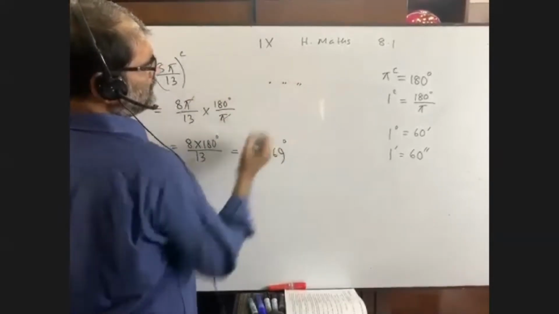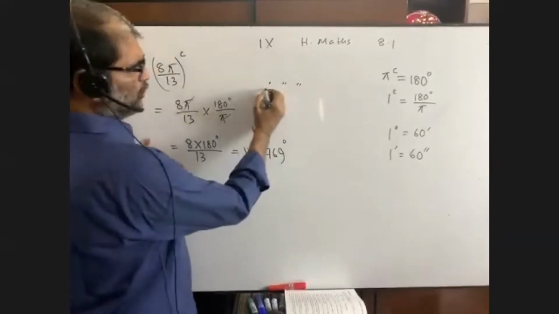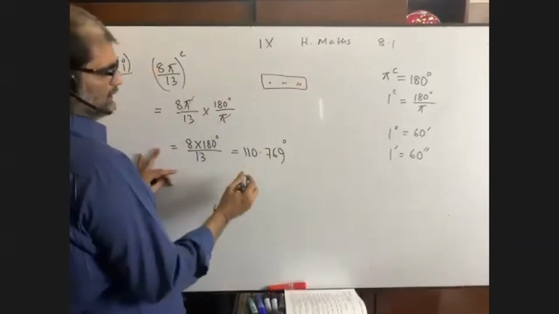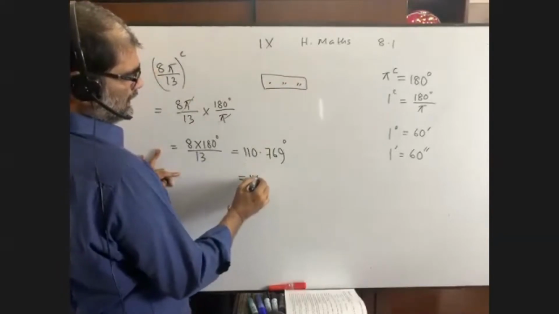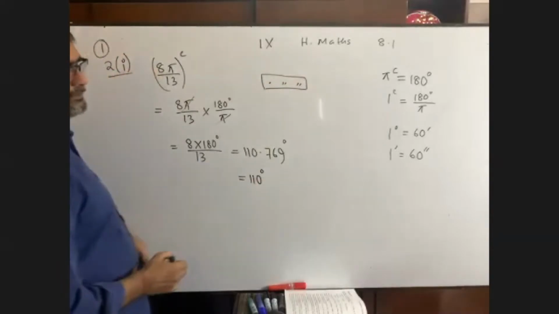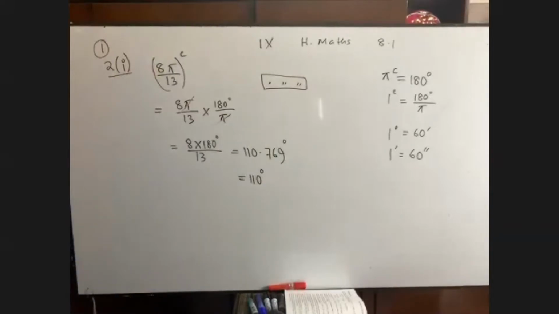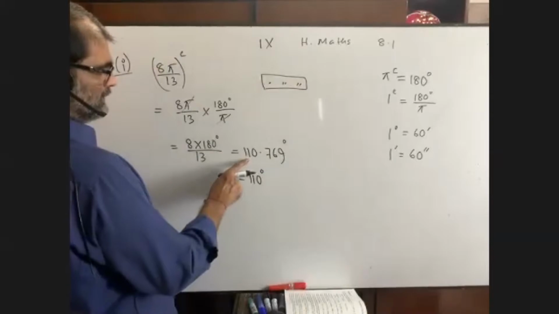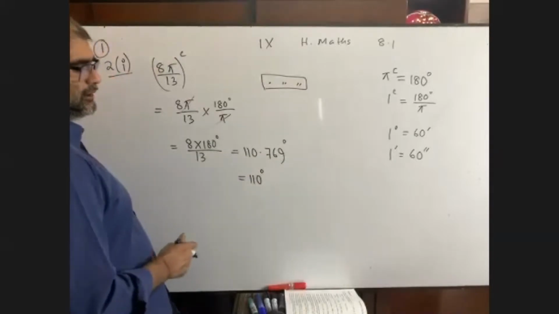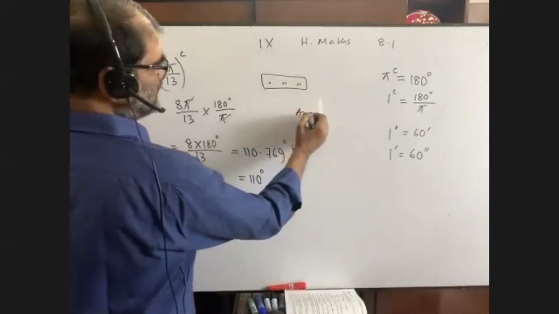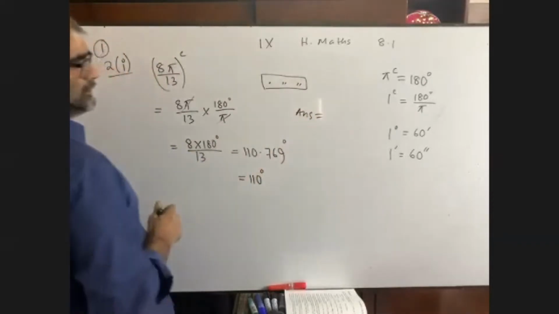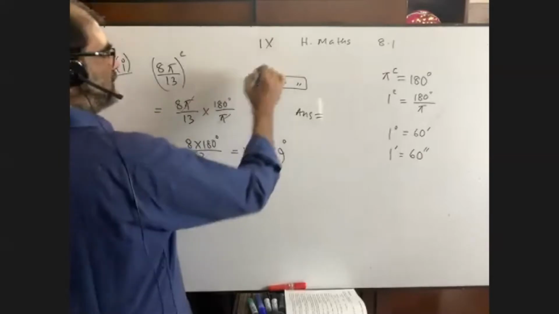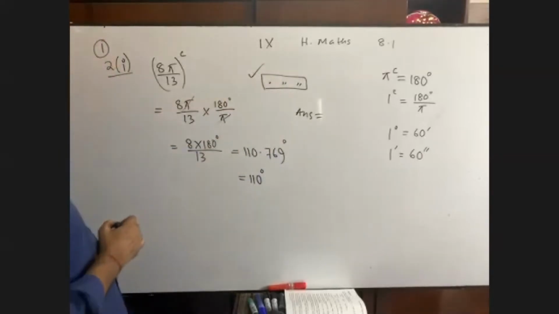Can you remember? Just now you operate this sign. Let me know. 110 degree. If you don't have this operation in your calculator, you just write down answer. Answer equal. You will get this. Then you just operate this function.